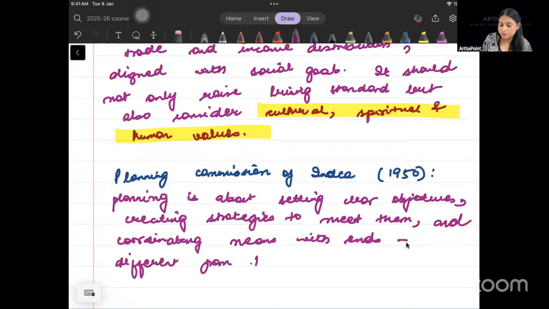Different from traditional trial and error reform.